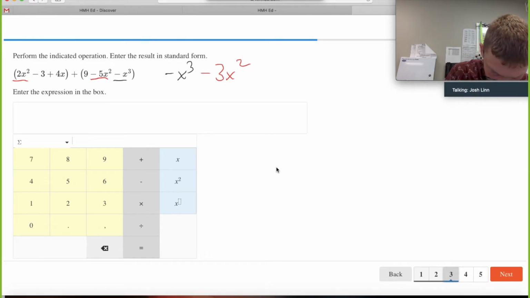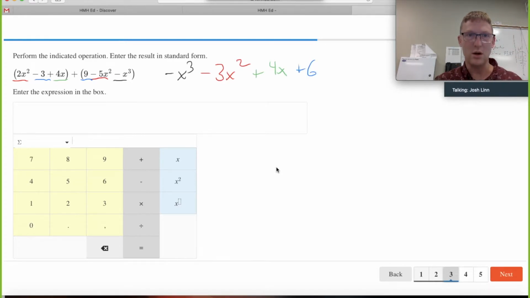I see 1x, so that's just plus 4x. And I see a 0x, if you want to call it that, or just a normal number. So 9 minus 3 is plus 6. So that is going to be our expression.